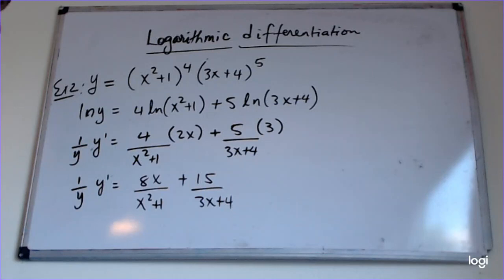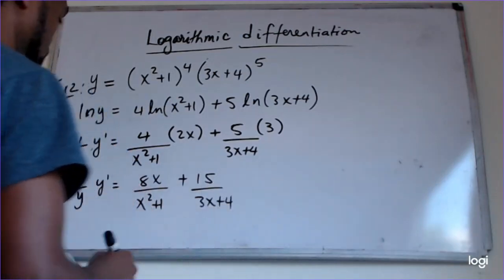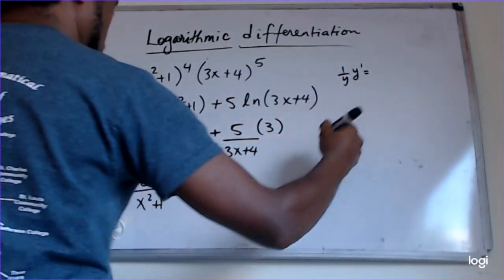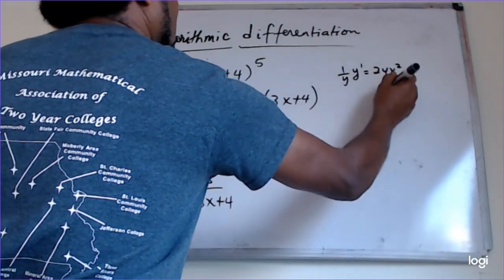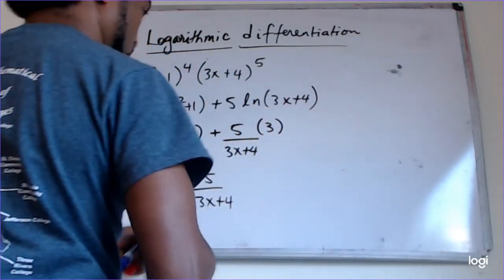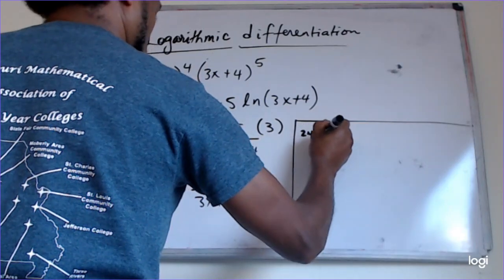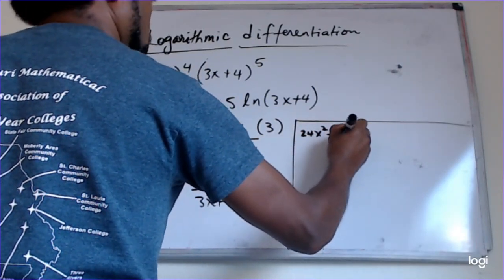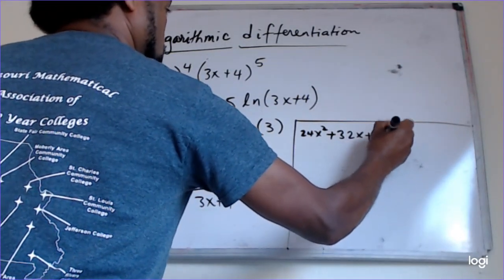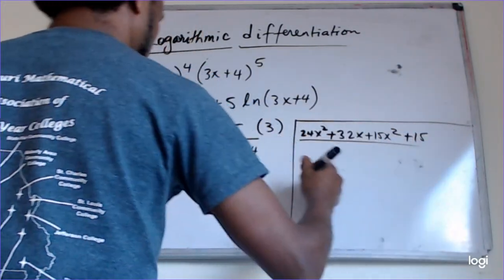If I take the LCD again, I get this as 1 over y times y prime equals, so that's going to be 24x squared, well, I don't think I will have enough space, so I'm gonna put it somewhere here. 24x squared plus 32x plus 15x squared plus 15 times 1 is 15 over the product of these two.